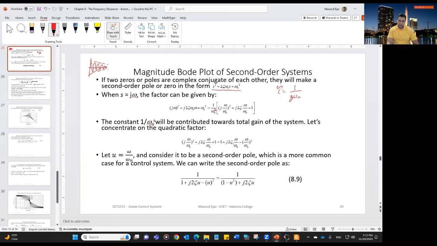So we have the real part, which is 1 minus (omega over omega n) square. That's the real part of the equation. And then we have the imaginary part, which is j 2 zeta omega over omega n. So you have a plus jb.